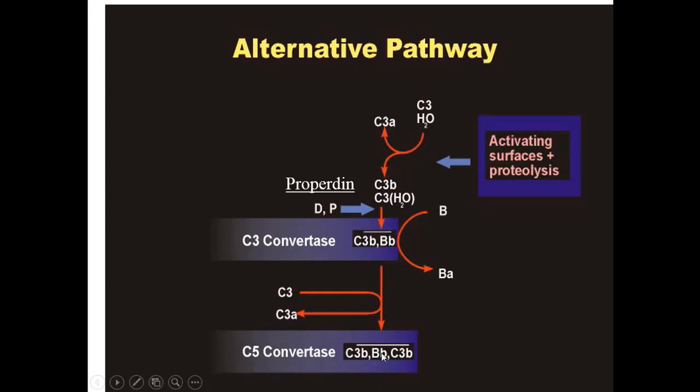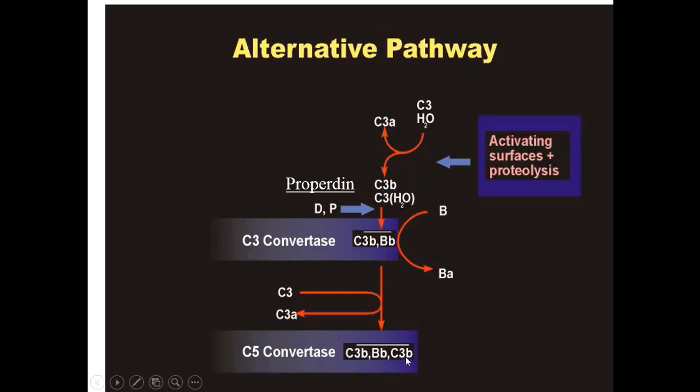C3b binds to C3bBb and forms C5 convertase of alternative pathway. Then C5 convertase of alternative pathway looks like a sandwich.